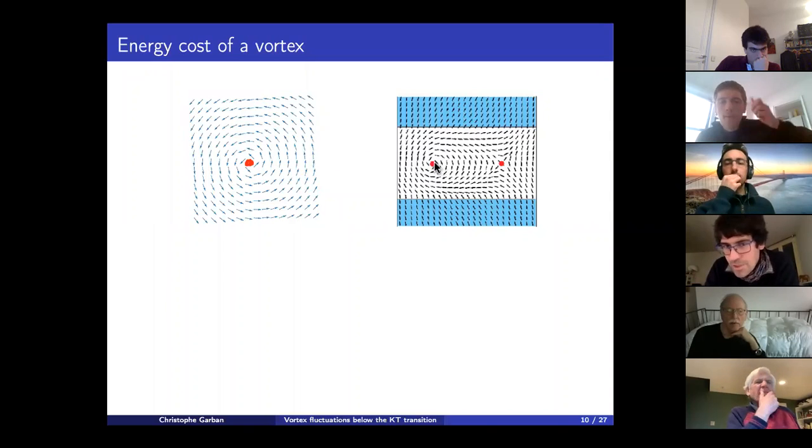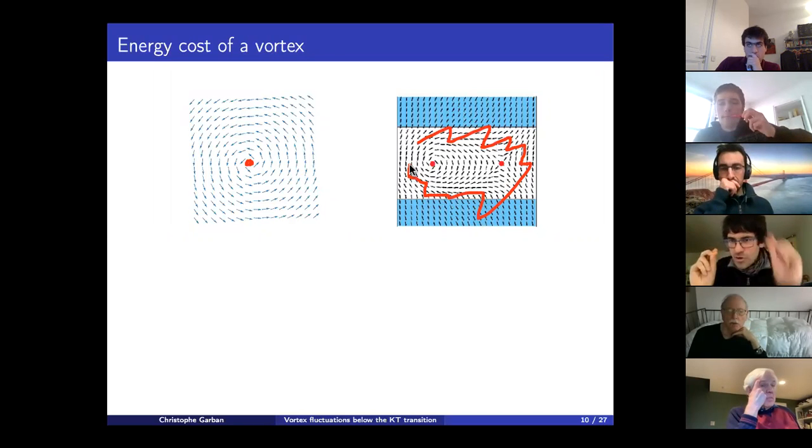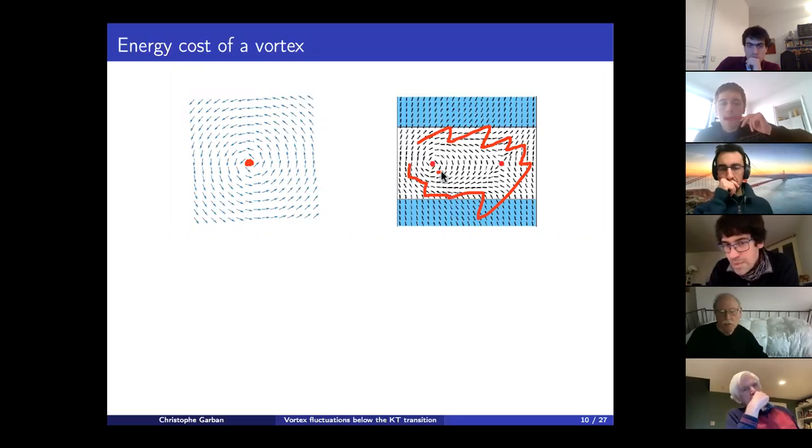For example, if you put a vortex here and an anti-vortex here, you can easily compute that the Dirichlet energy of this configuration will not be 1/log n as we had before, but now it will be constant times log n, where n is the Euclidean distance between those two.